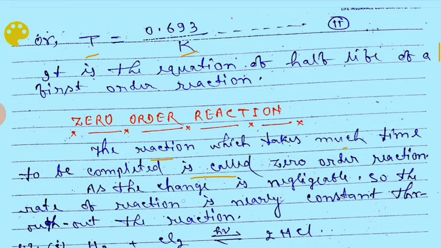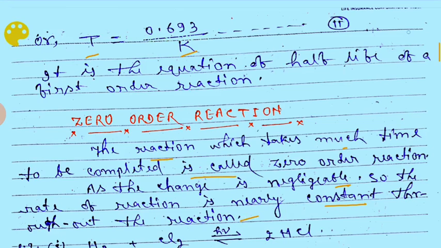As the change is negligible, means it takes much time to occur, so the rate of reaction is nearly constant throughout the reaction. Means if we try to measure the value of rate of reaction after 2 minutes, 3 minutes, and again 10 minutes, it will be found nearly constant.